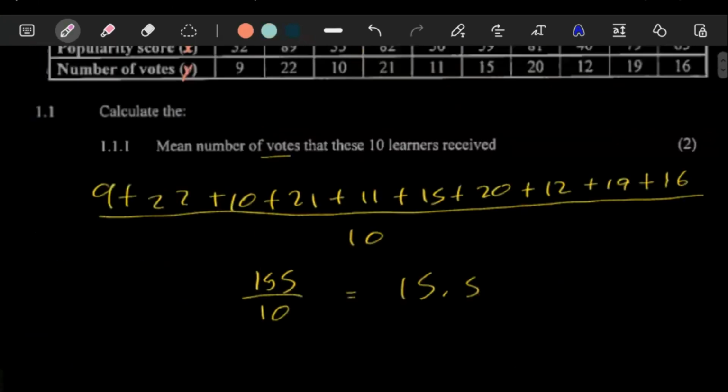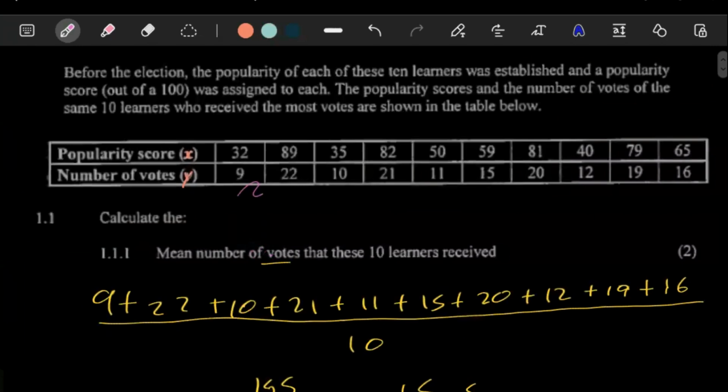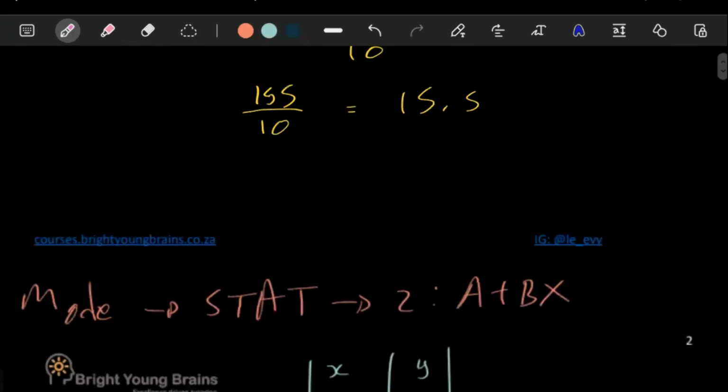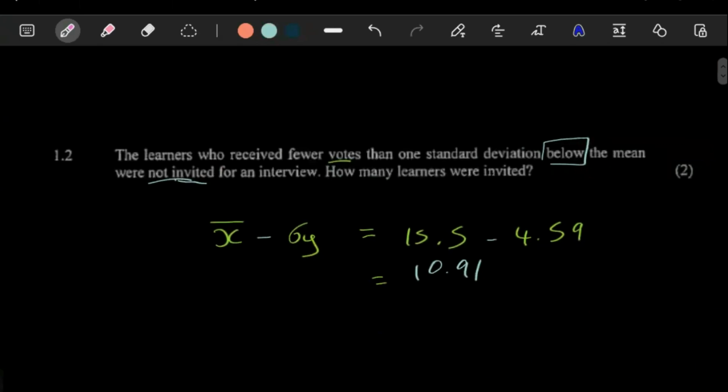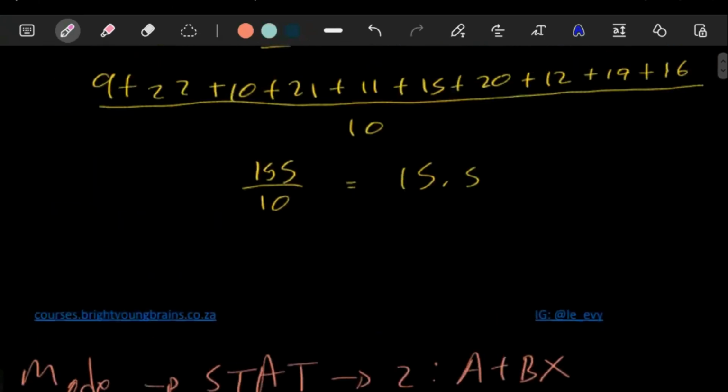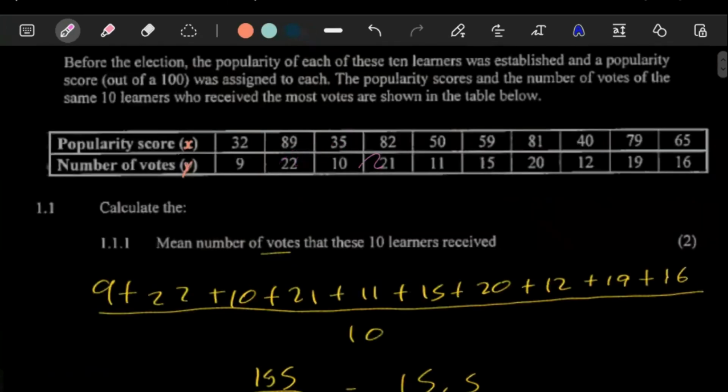So in that situation, let's see how many learners got above 10.91. There's basically 1, 2, 3, 4, 5, 6, 7, 8.